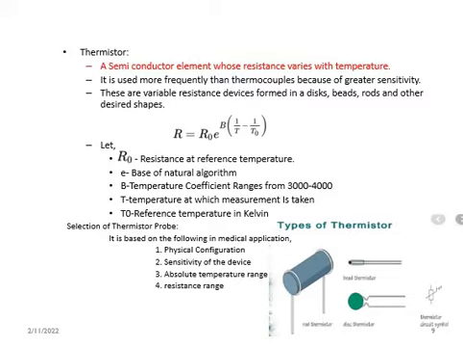Physically, this semiconductor device can be round shaped, flat shaped, like a small dot, or a coil type. These are the different physical configurations.